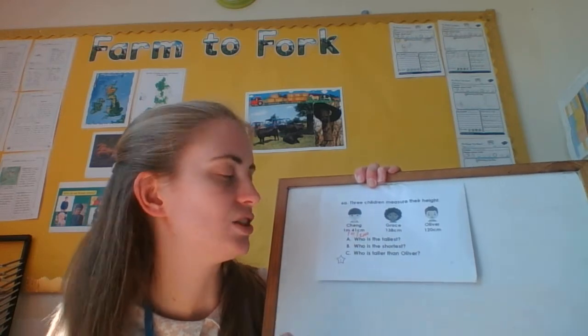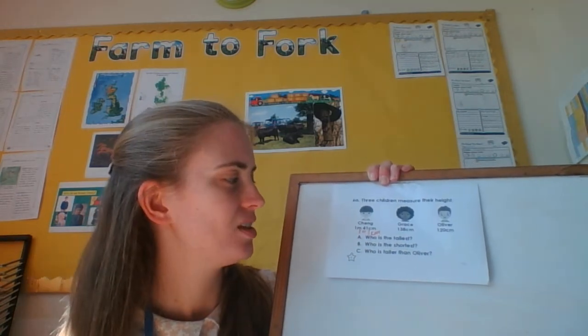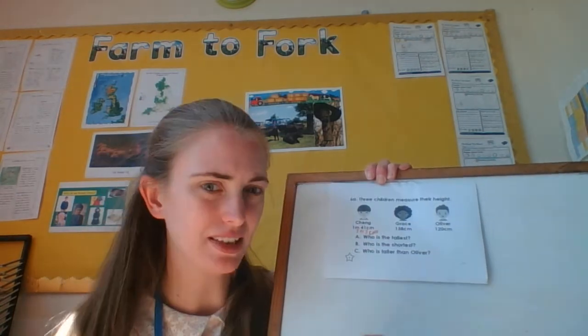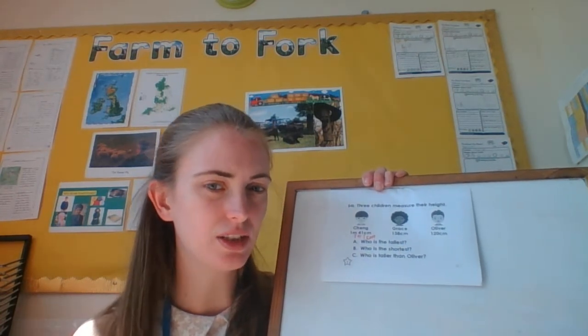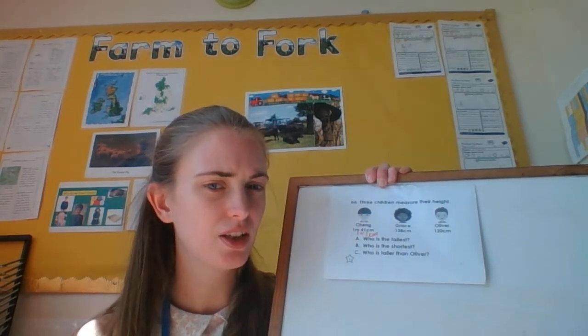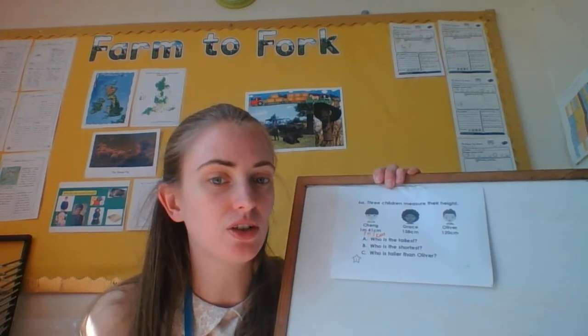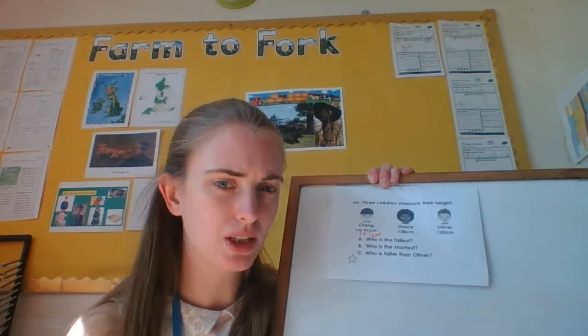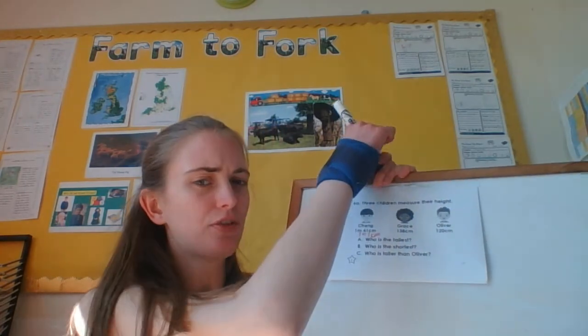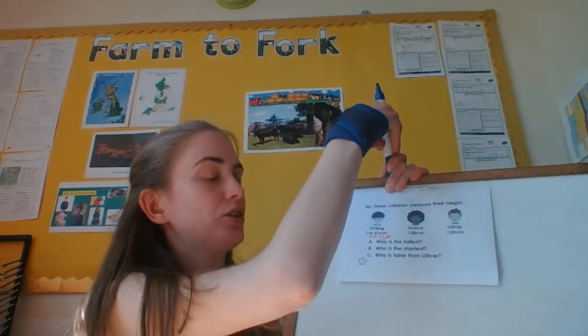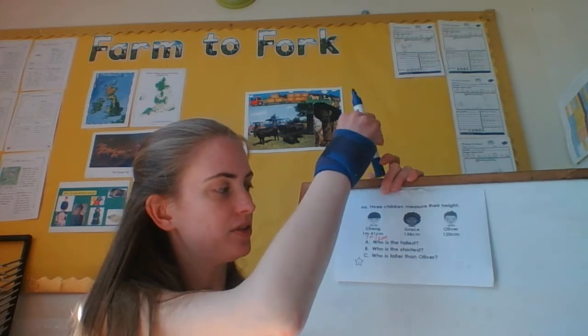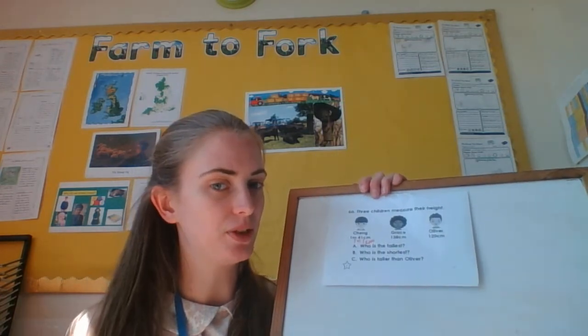Question A says, who is the tallest? Now, looking at these, that's a bit tricky because they're not all in the same unit. The units are millimetres, centimetres, metres, so how is it measured? They've not all been measured with the same unit. So the first thing we need to do is convert some of the measurements so they are all in the same unit.